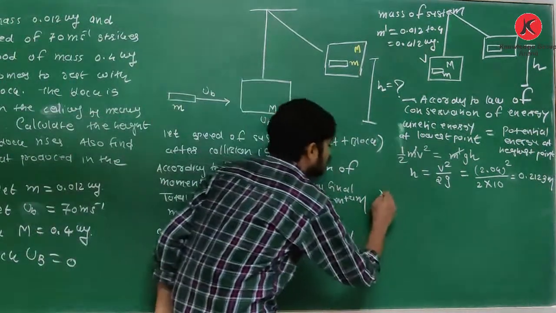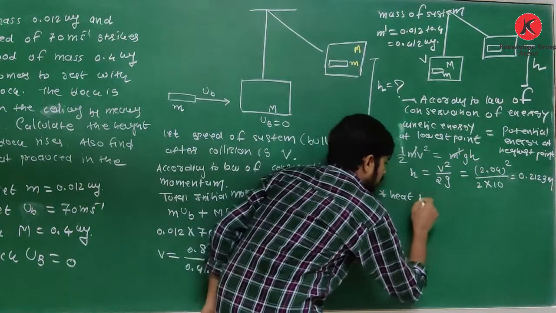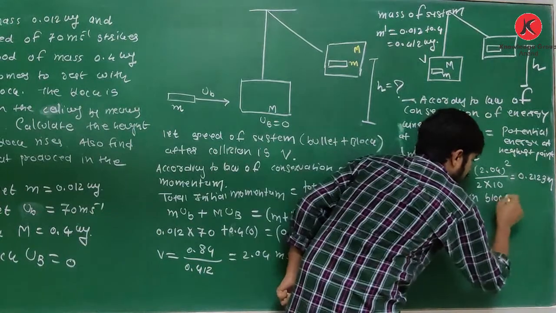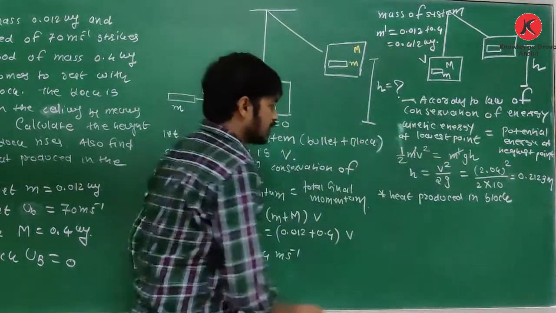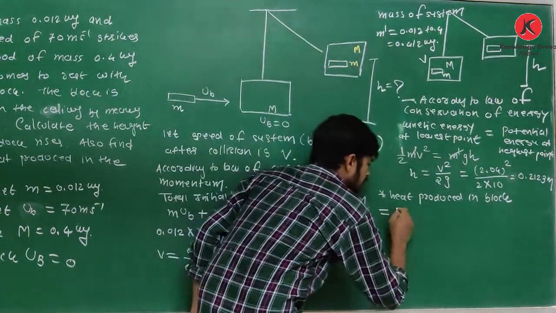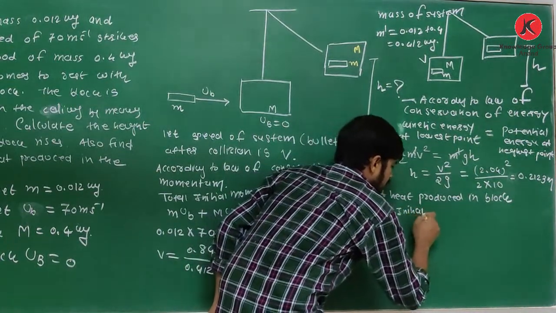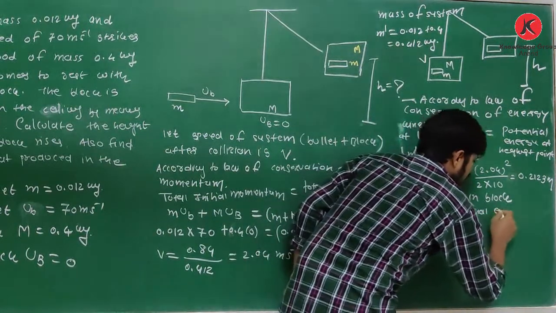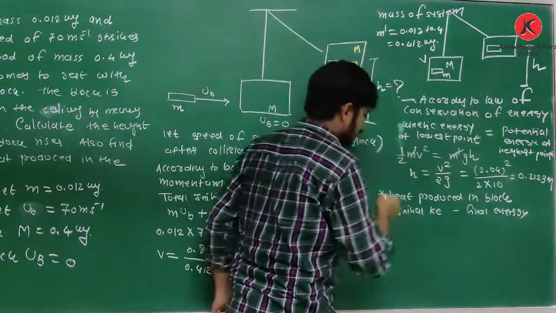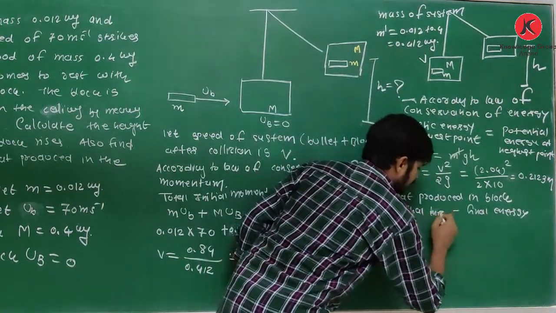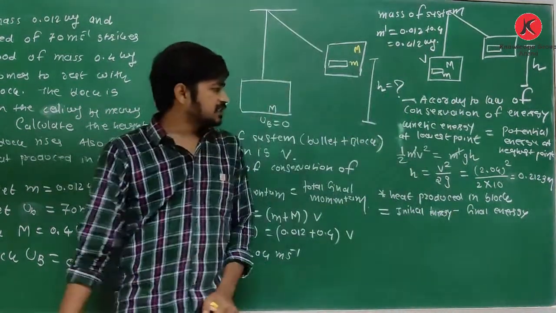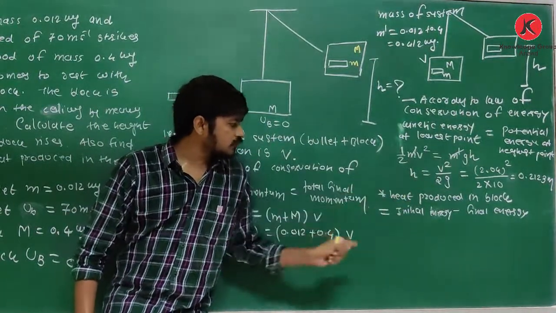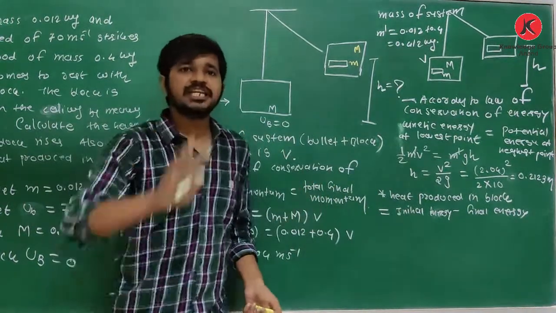Heat produced in the block is equal to initial energy minus final energy. Clear about this? Yes, heat produced in the block is equal to initial energy minus final energy.